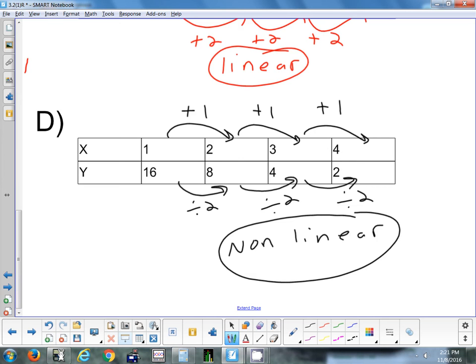Now, the fact that we did divide by the same number each time tells me something. I do know what this is. Anybody want me to tell you what it is? This graph right here is called exponential. It's a big word.